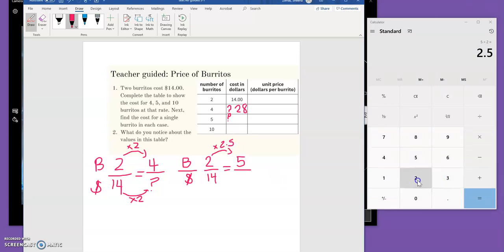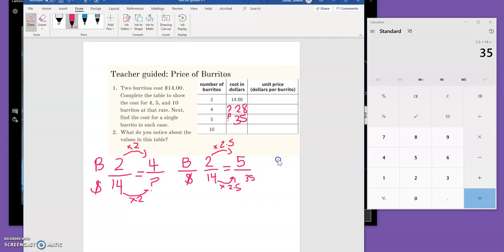And we can check that on our calculator. And if we do 2.5 times 2, we do get 5. And so then we're going to repeat that process with the 14, multiplying by the same number, 2.5 times 14, it's 35.